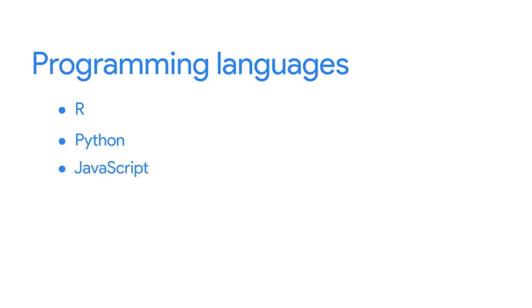JavaScript works well for developing online apps and is an essential part of web browsers. Some other popular programming languages for data analysis include SAS, Scala, and Julia. Personally speaking, R is my favorite language for data analysis. But you might want to explore other languages as well.